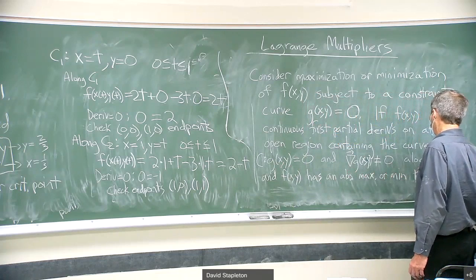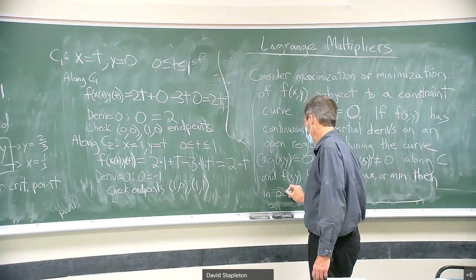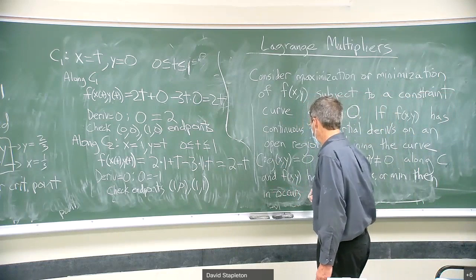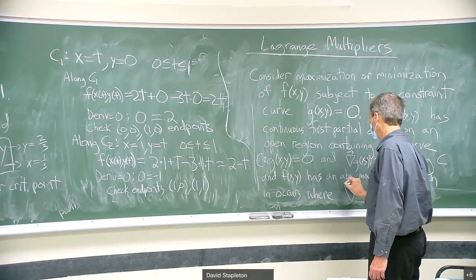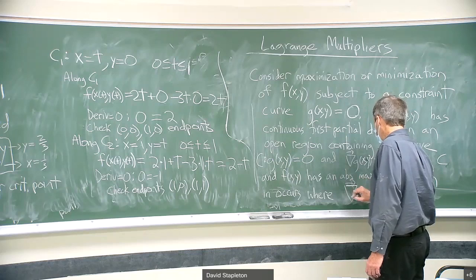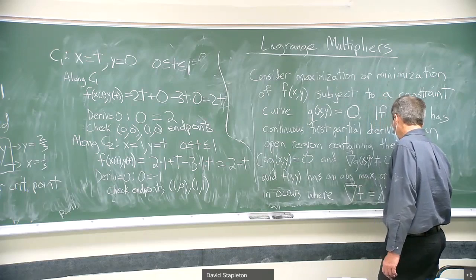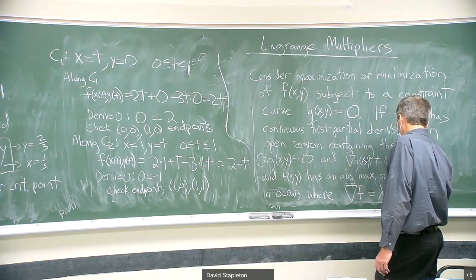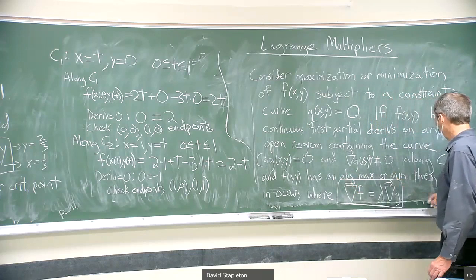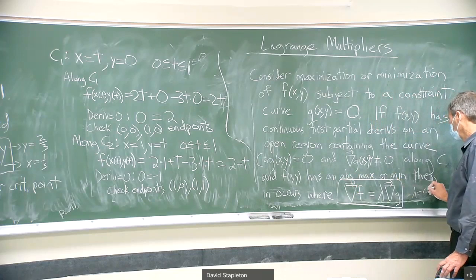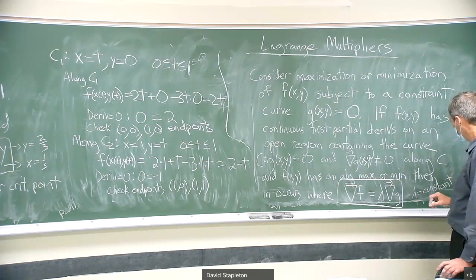Then it occurs at a point in the plane, a point in the domain, where the gradient of f is equal to some number lambda times the gradient of g. Where lambda is a constant called a Lagrange multiplier, after a famous mathematician named Lagrange.